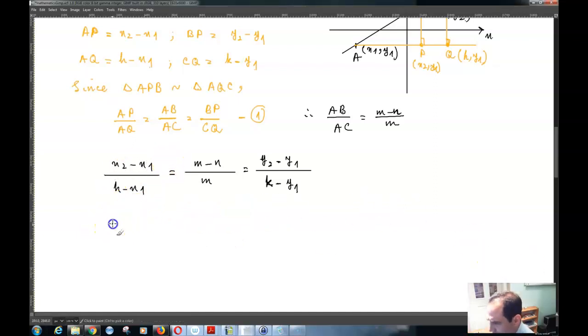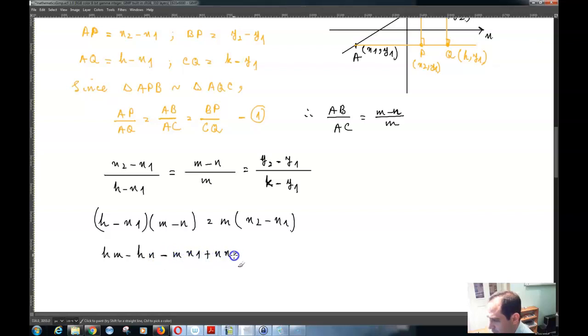So H minus x1 times M minus N is equal to M times x2 minus x1. Over here I can write HM minus HN minus Mx1 plus Nx1 is equal to M times x2 minus x1.